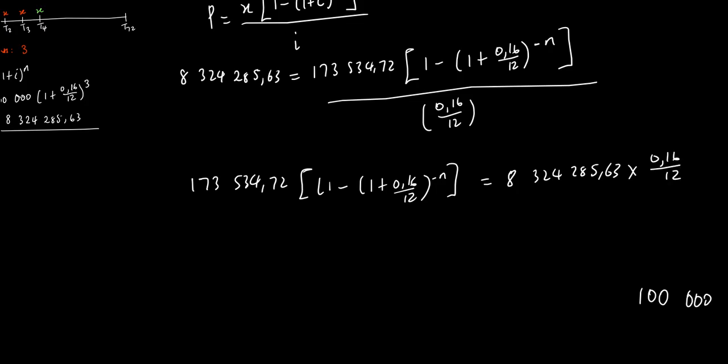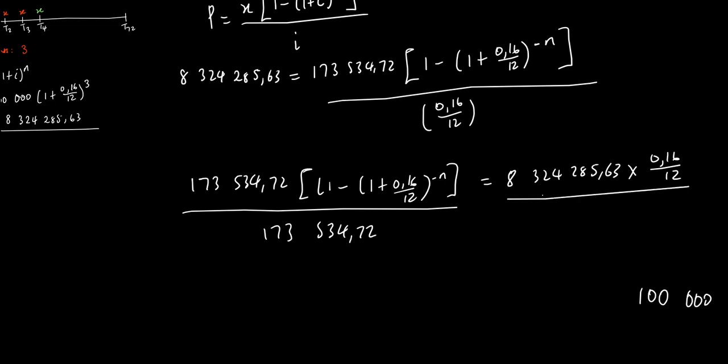Now you can divide both sides by 173,534.72. Then you can take 1 to the other side, so you'll have minus 1.